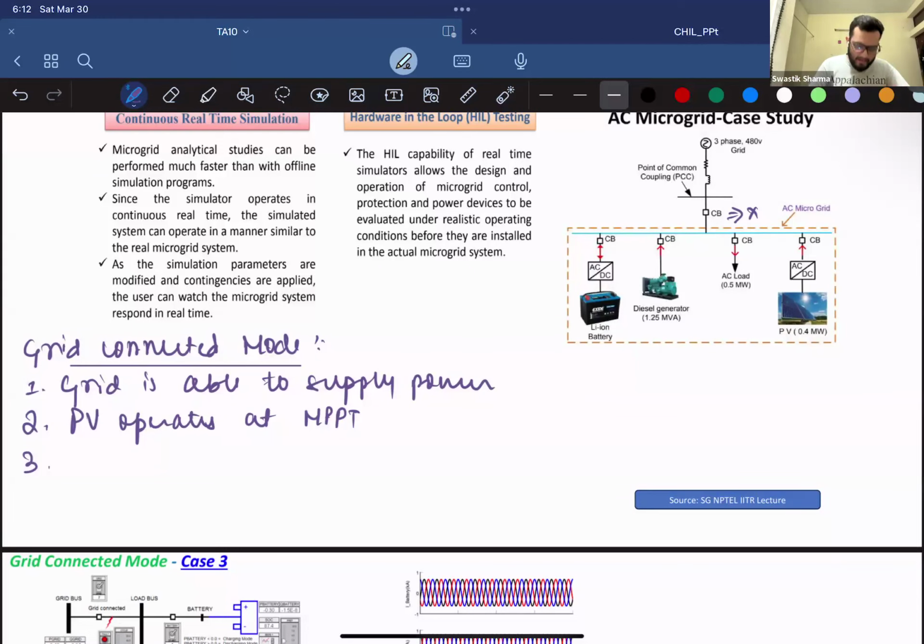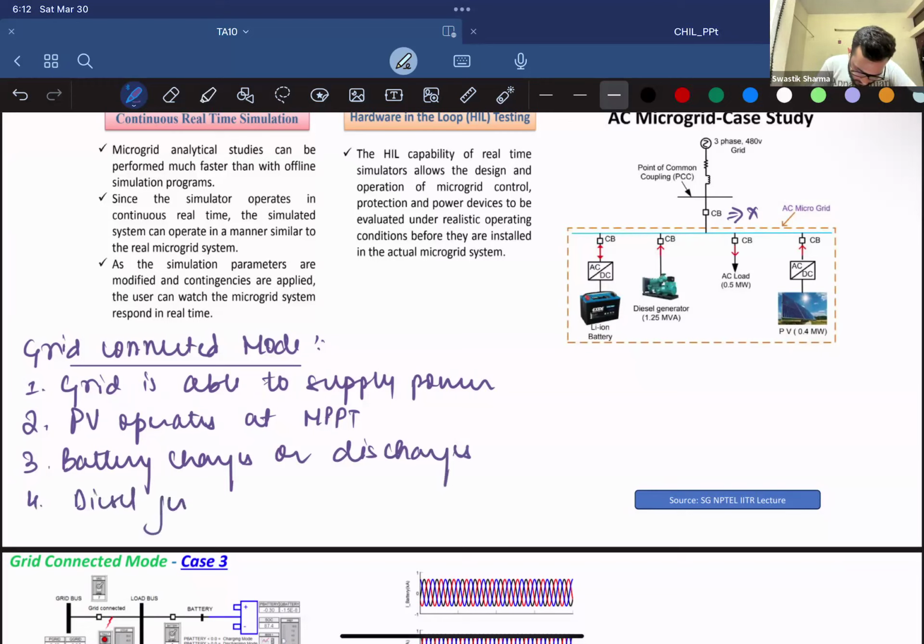And then you have your battery, which can either be charging or discharging, given how your PV system or your grid requirements are. And your diesel generator will only help in voltage regulation.